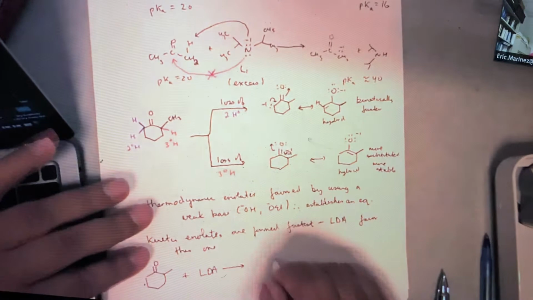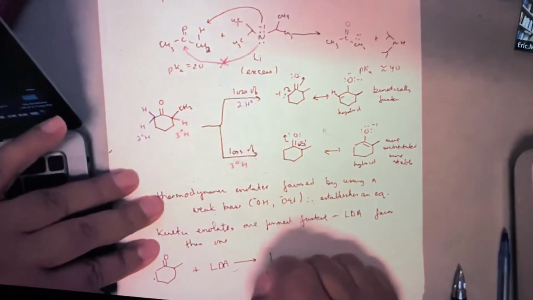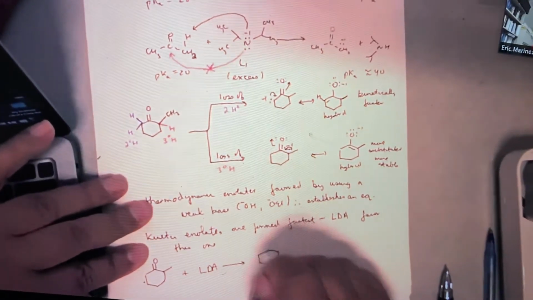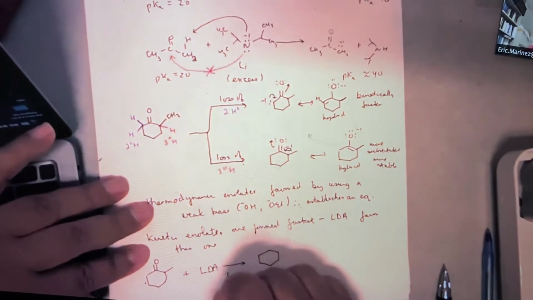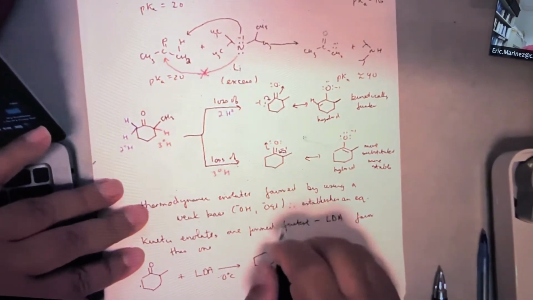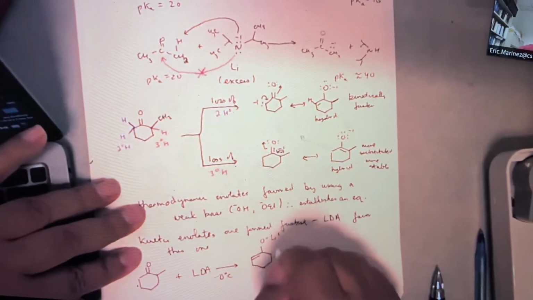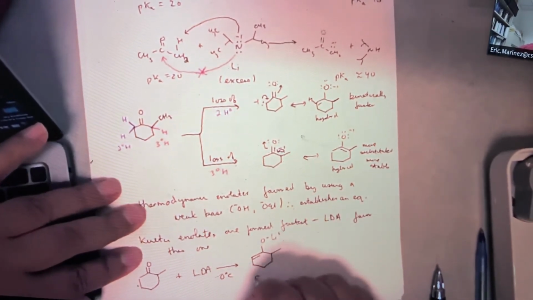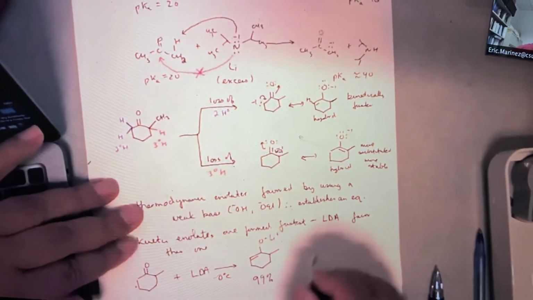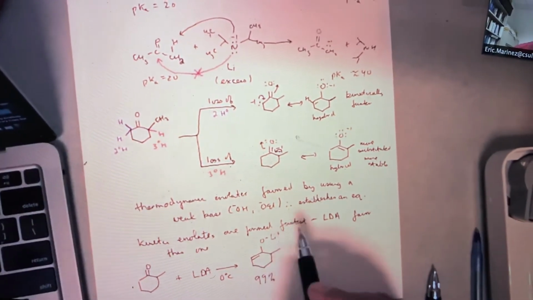It turns out that of these two enolates, specifically at 0 degrees, this is formed 99%. I only get 1% of the thermodynamic enolate.